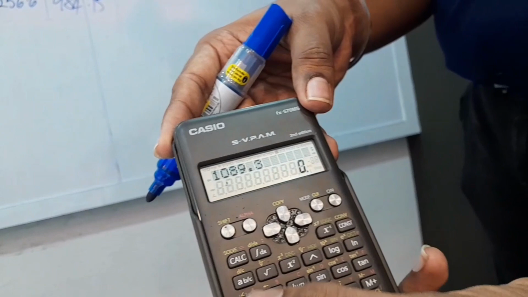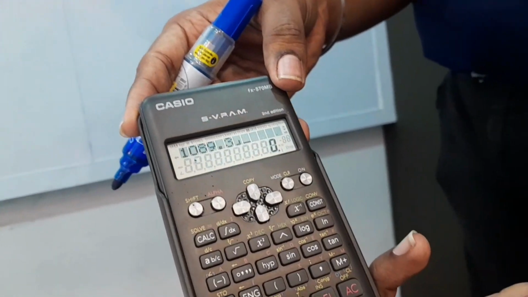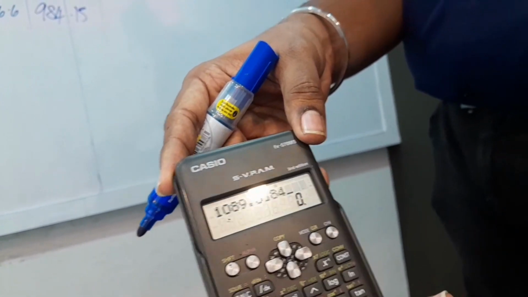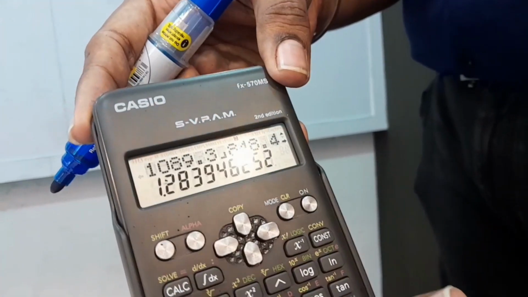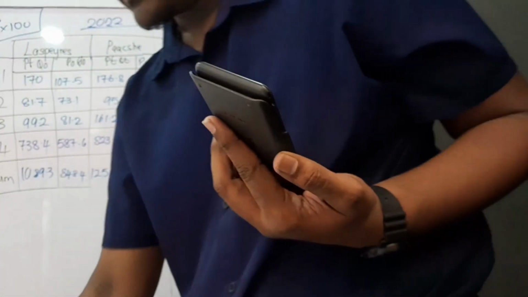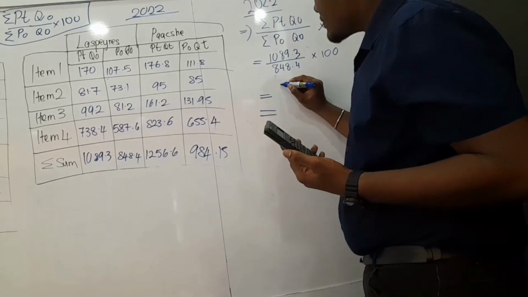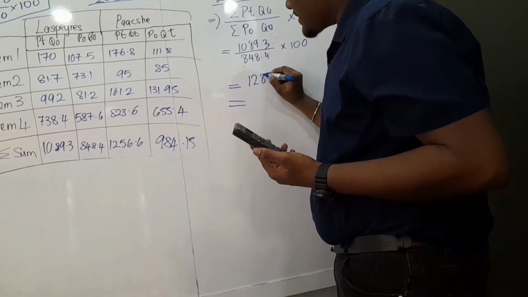1089.3 over 848.4 equals 1.282. Alright, now we have to write down the answer that we wrote here, which means 128.